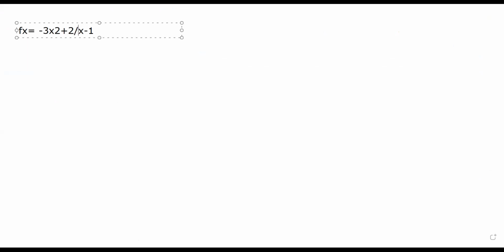Plus 2 over. All right, so this is my question: negative 3x to the power of 2 plus 2, divided by x minus 1. Let's do this. Okay, same steps as before. And I am recording, right? Yeah. Same steps as before.